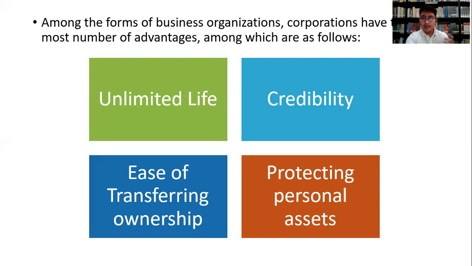So class, it is easy to transfer the ownership when it comes to corporation. So if you want to sell your part or your stock to other people, then you will just give the company stock certificate to that person. Okay, so that is very easy and simple to transfer the ownership, which is a good thing to the corporation.